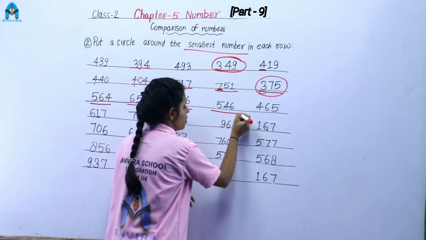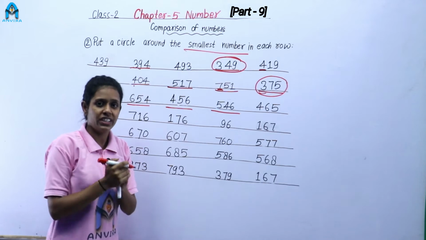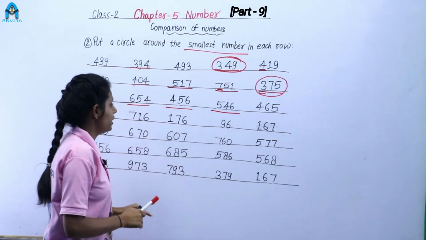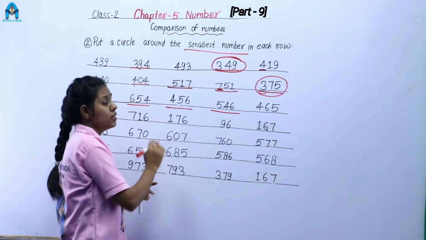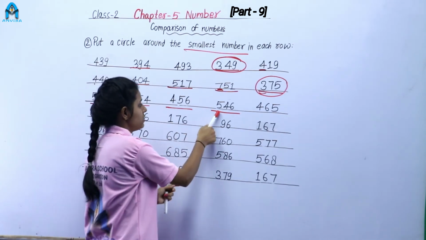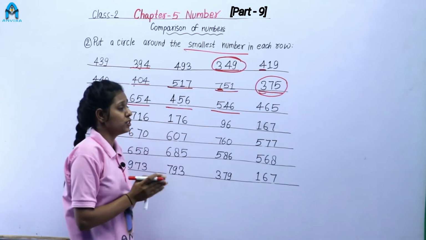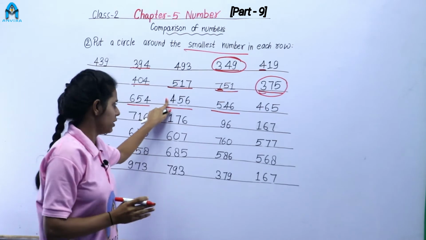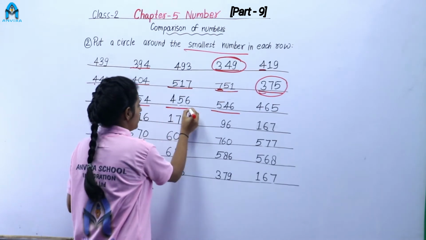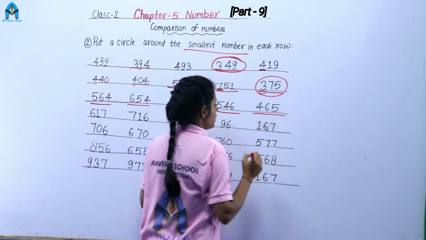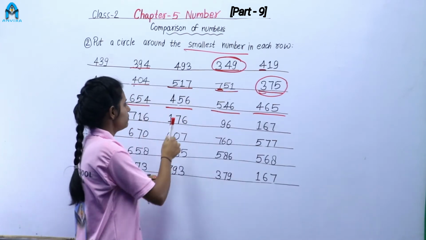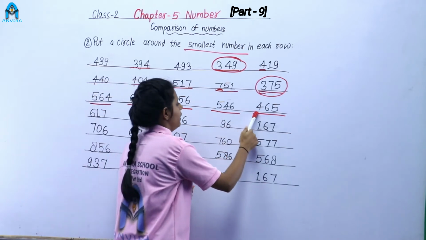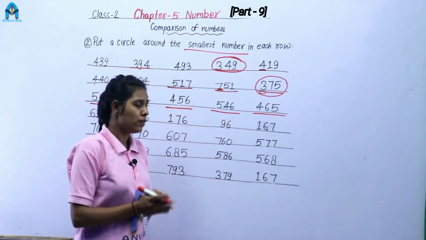Next is 546. Let's compare the hundreds place. On the hundreds place, this is 400 and this is 500. So which is smallest? Yes, 400 is smallest. Now compare this and this number. On the hundreds place, here is 4 and here is also 4.